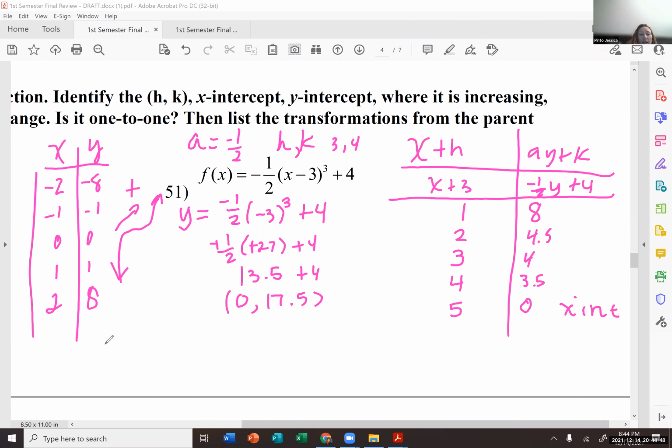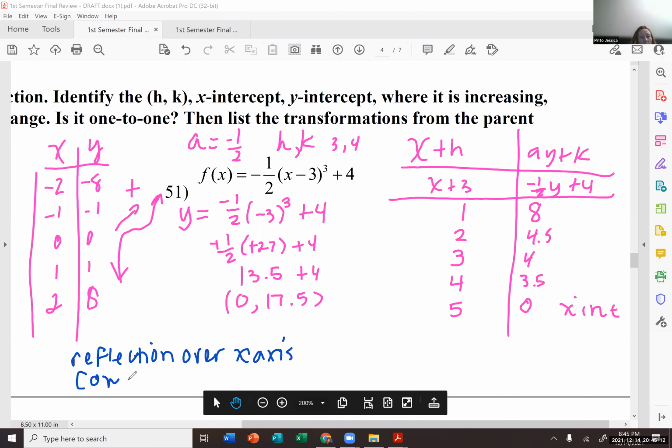The a value is negative, so that's called a reflection over the x-axis. The a value is also a fraction. So the fraction does a different thing that the reflection didn't do. So flipping it over, but then the fraction also squishes it. So that's a compress by the factor of 1/2.